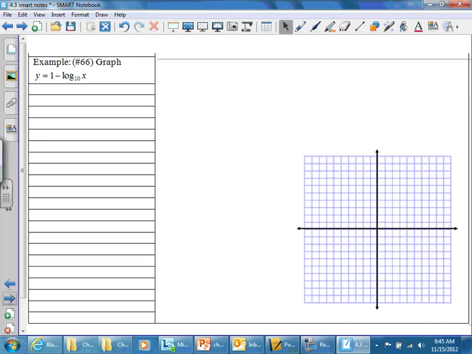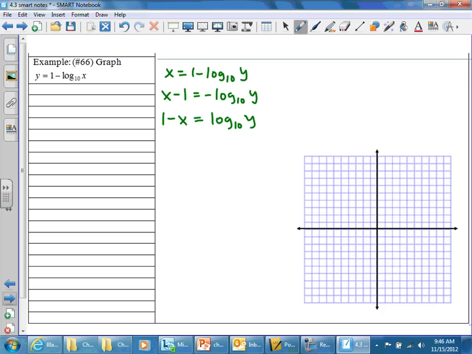Let's do another one. Now I have to first subtract my 1 and divide by the negative. And now I can bump it up. So I need to get that log isolated before I bump it up. Make your chart.